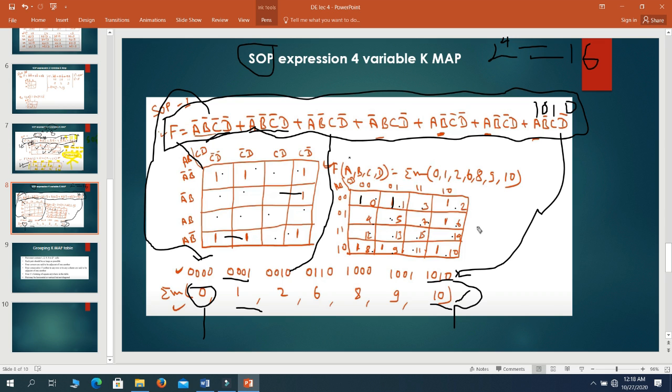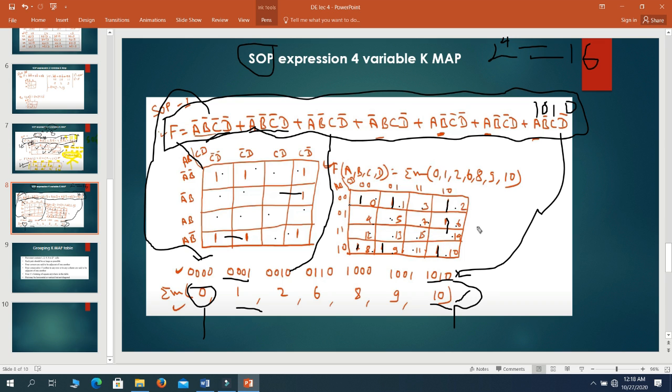Second cell is filled with 1. Where is second cell? Here. Cell number 6 is filled with 1. Where is cell number 6? Here. It is filled with 1. Then we have cell number 8, 9 and 10. Where is 8, 9 and 10? Let's try to figure out. 8 is filled with a 1. Then 9th cell is filled with 1. And then 10 is filled with 1.